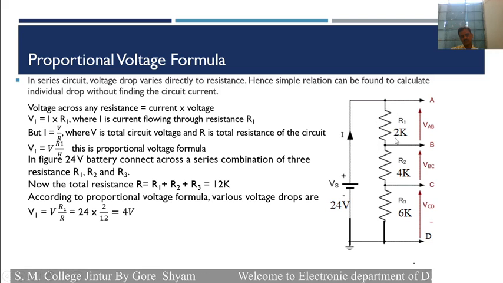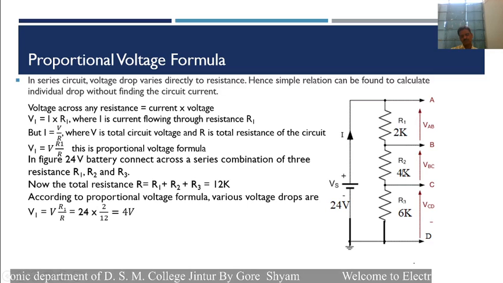So the voltage drop across this resistance, V1, is 4 volt. According to the proportional voltage formula, the voltage across any resistance is equal to the total voltage into the individual resistance divided by total resistance.